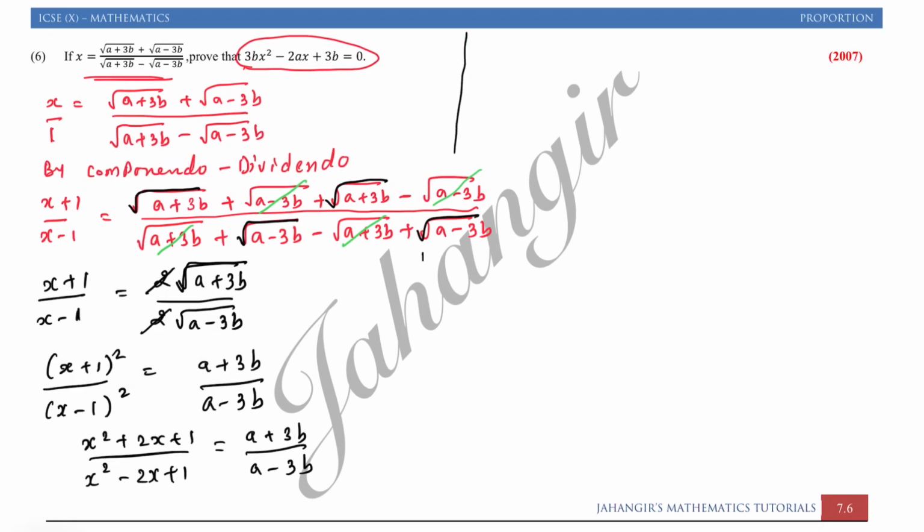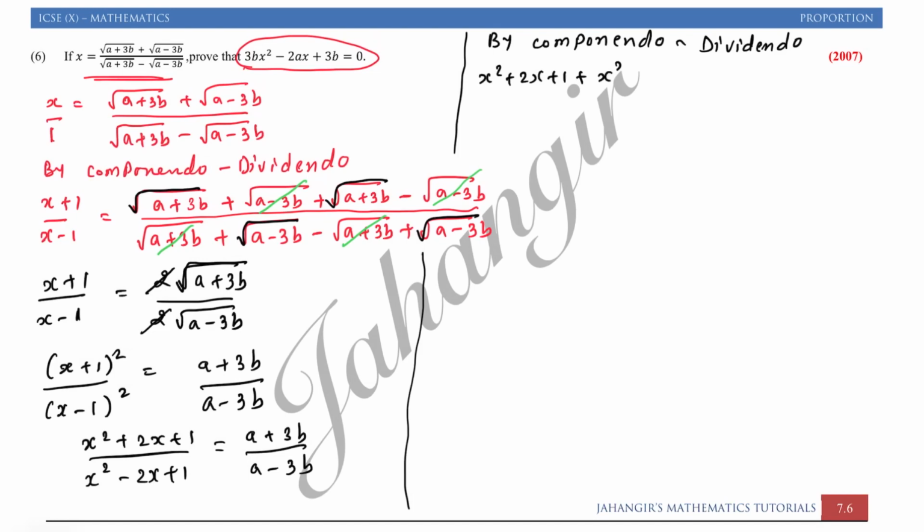So now we will do again componendo dividendo. Again by componendo and dividendo, we can take x square plus 2x plus 1.